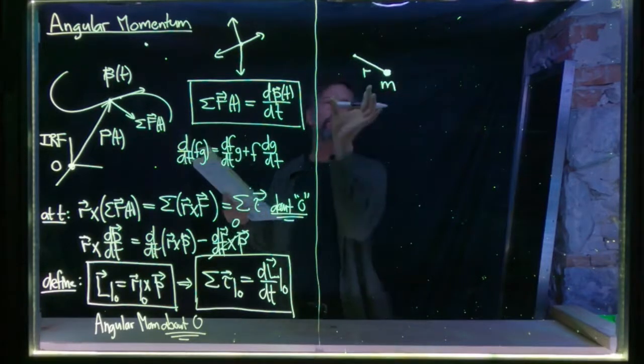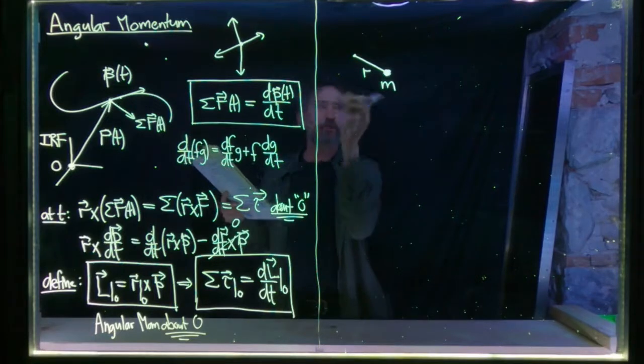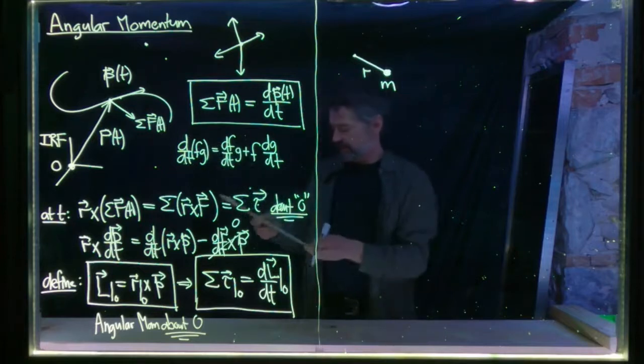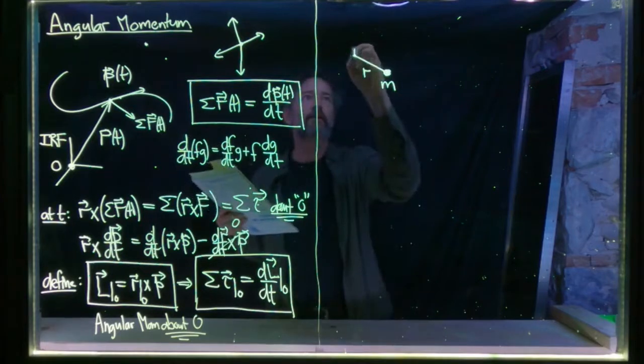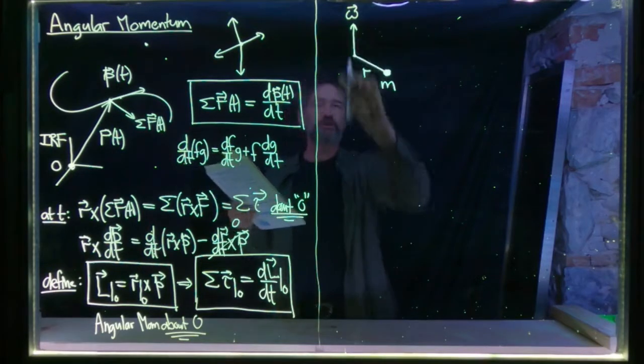And we are going to imagine that this elemental rigid body is rotating about an axis that's perpendicular to r, the simplest possible situation. So this thing has an angular velocity omega pointing straight up.